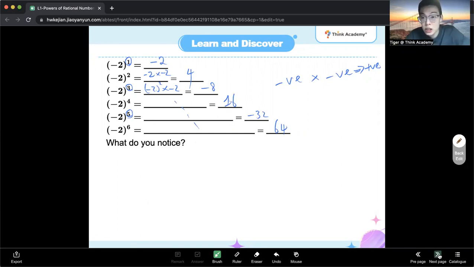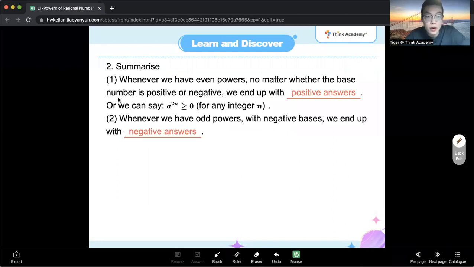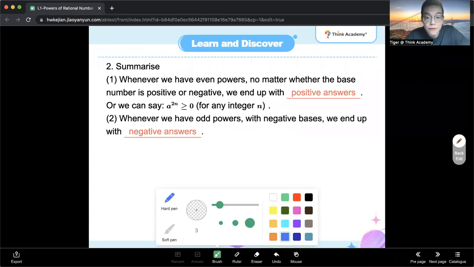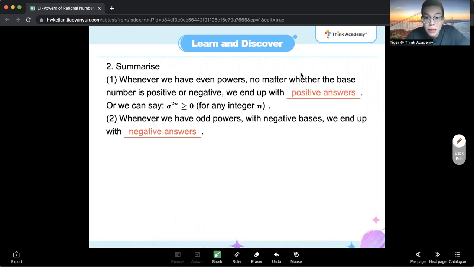So as a conclusion, whenever we have even powers, no matter whether the base number is positive or negative, we end up with positive answers. All right.